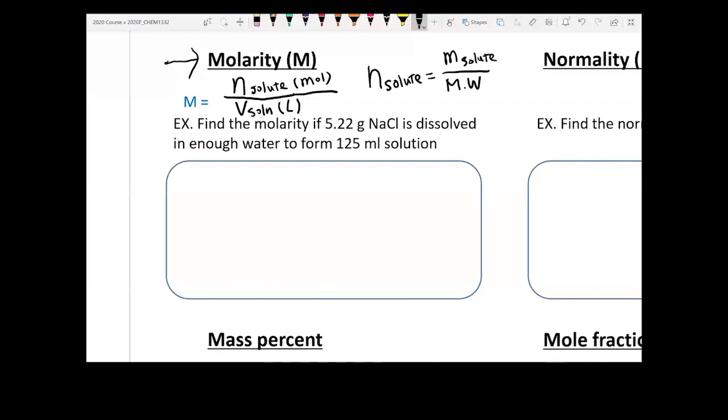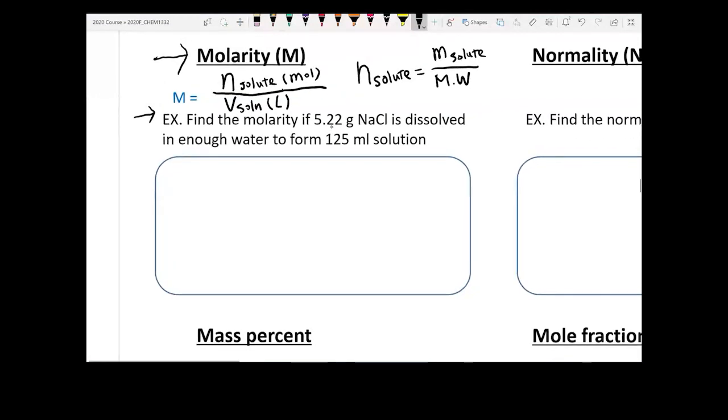So let me give you one example. Find the molarity if 5.22 gram of sodium chloride is dissolved in enough water to form 125 ml solution. When you read these types of questions, first you need to know what you have. 5.22 gram of sodium chloride. So the mass of your solute equals 5.22 gram.